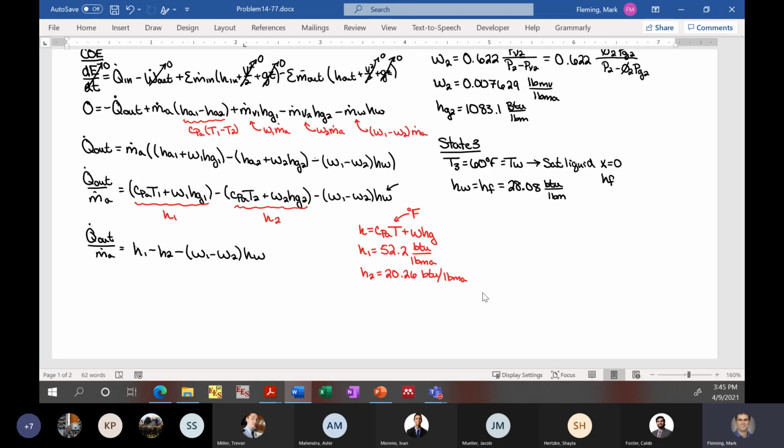Once we've made those individual calculations, we can come over here and finalize our work. We have Q out over the mass flow rate of the dry air, and when we do this, we'll find that the value is going to be 31.37, with units of BTU per pound mass of the dry air.